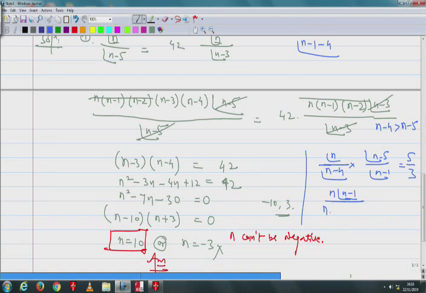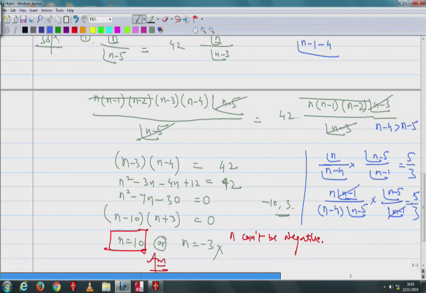Of course, n minus 4 will be greater than n minus 5. That means the (n minus 4) term will be here, and then it will be (n minus 5). Always remember, you have replaced n with n minus 4, so it will be n minus 4, and n minus 1 is n minus 5. Why am I doing so? Because n minus 5 and n minus 1 both are present, equals 5 by 3.